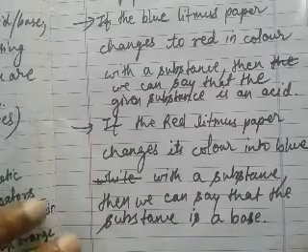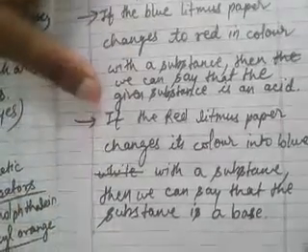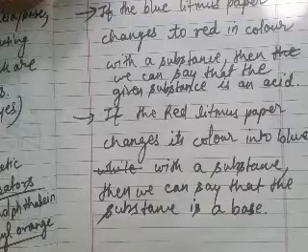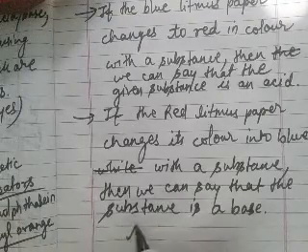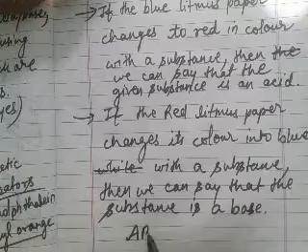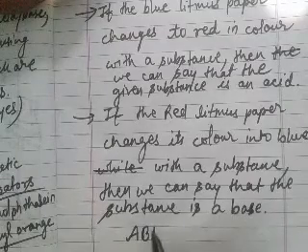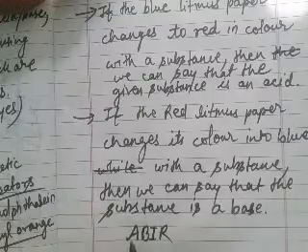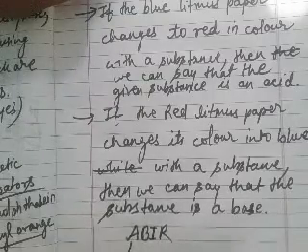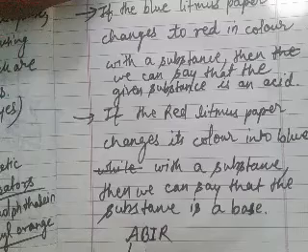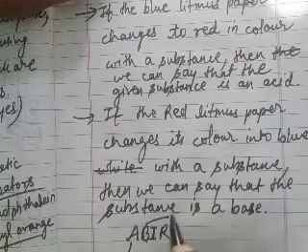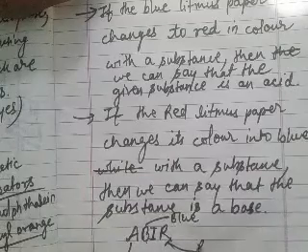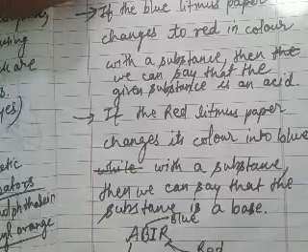More clearly, we can understand this logic with the mnemonic ABIR. A is for acid. Acid changes the blue litmus paper into red color.